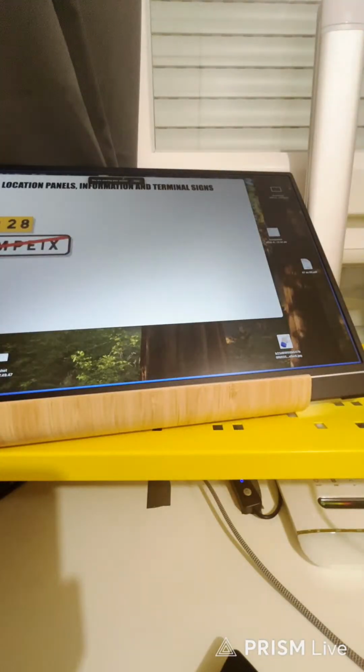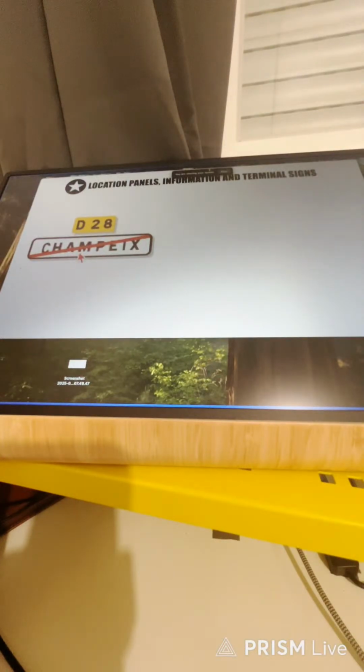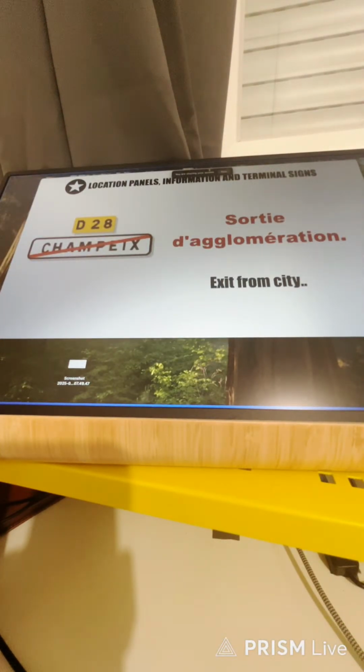Then when you see this one, it means sortie d'agglomération. You are leaving a particular city where all that 50 km/h, no klaxonner, doesn't apply anymore.